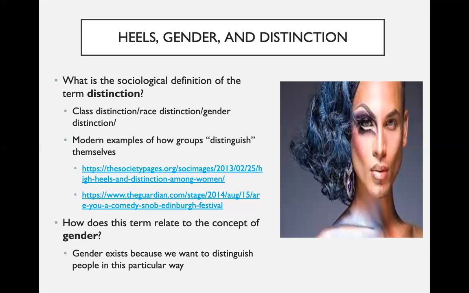So in this sense, your book says, this concept of gender exists because we want to distinguish people in this particular way, that we think it's important to know who are the men in our society, who are the women, are they acting sufficiently masculine or feminine, and this has been how we have classified ourselves and distinguished one another for centuries.